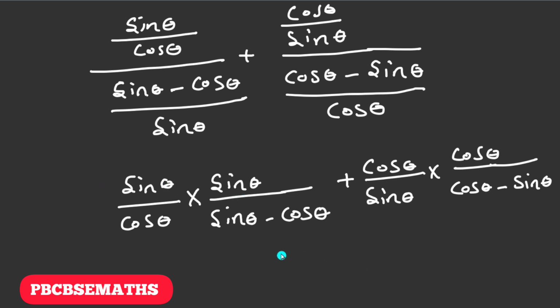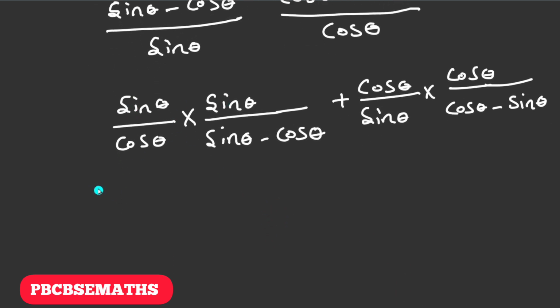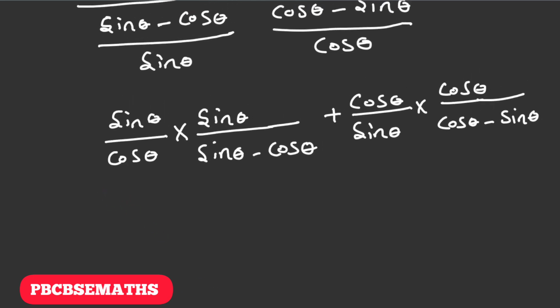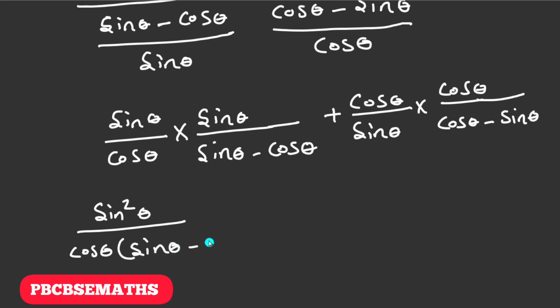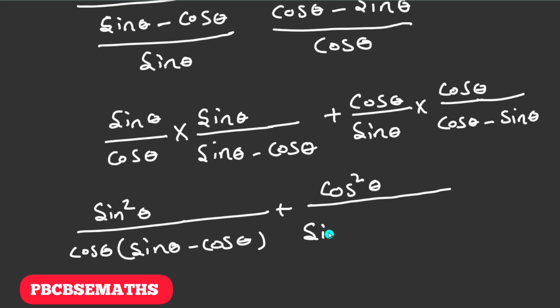Now let's multiply the numerator: sin theta into sin theta gives us sin square theta divided by cos theta into sin theta minus cos theta, plus cos theta into cos theta gives us cos square theta whole divided by sin theta as it is, into bracket cos theta minus sin theta.